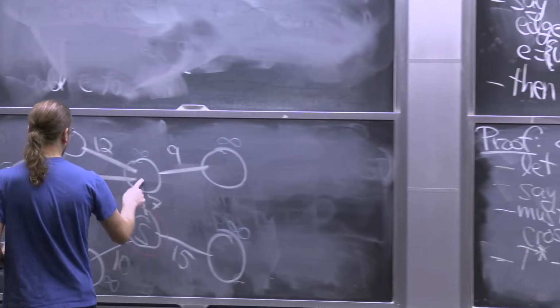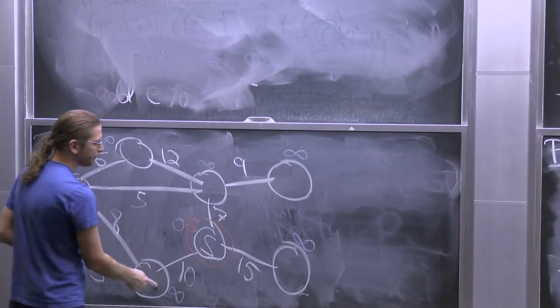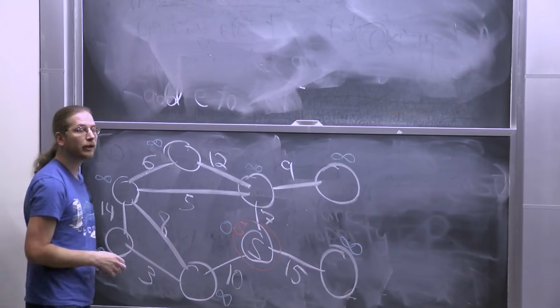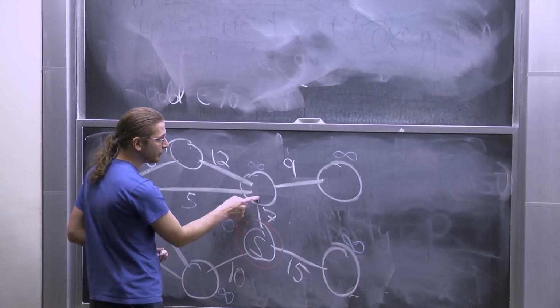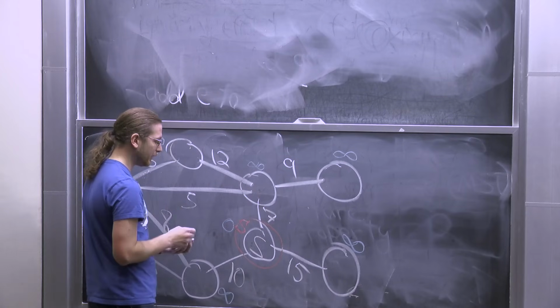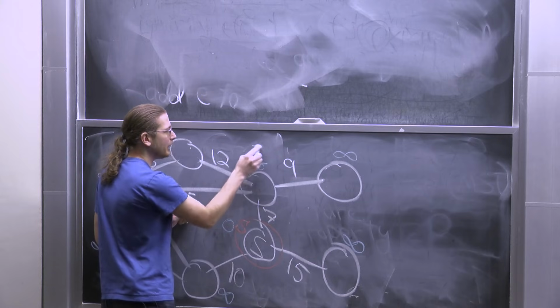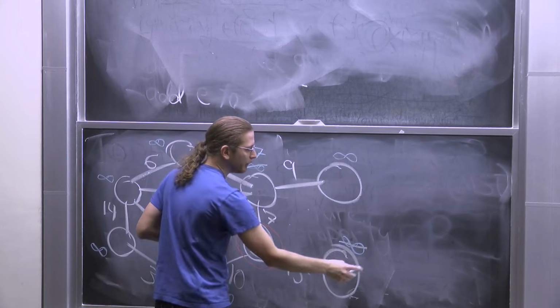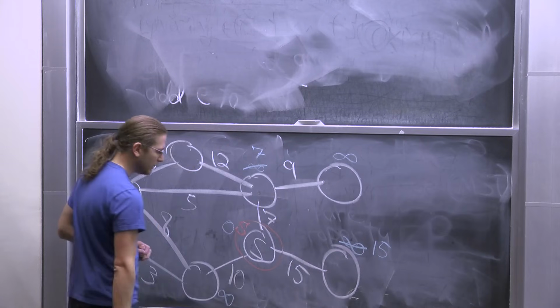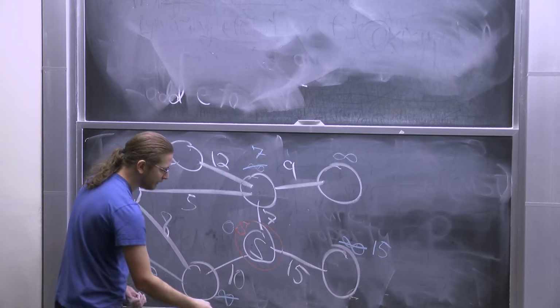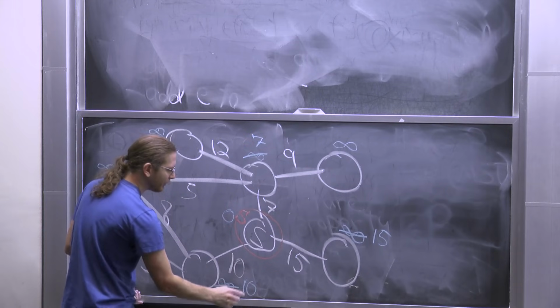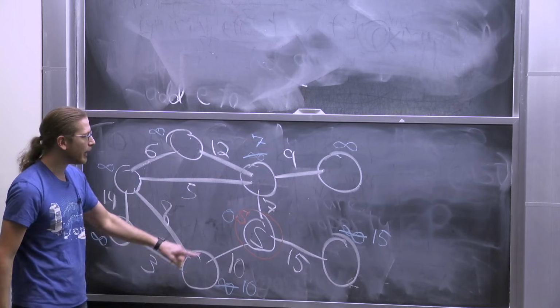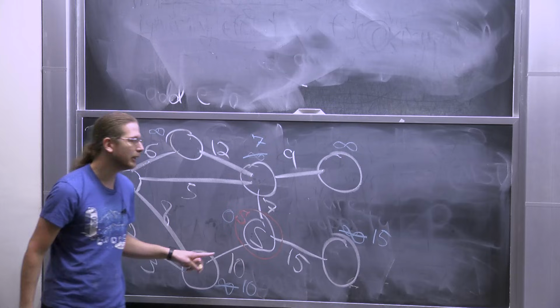All three neighbors, these three guys, are not in S. And then I look at the weights of the edges. Here I have a weight 7 edge. That's smaller than infinity, so I'm going to cross out infinity and write 7. And 15 is smaller than infinity, so I'm going to cross out infinity, write 15. And 10, surprise, is smaller than infinity, so I'm going to cross out infinity, write 10. So now I've updated the key values for those three nodes.